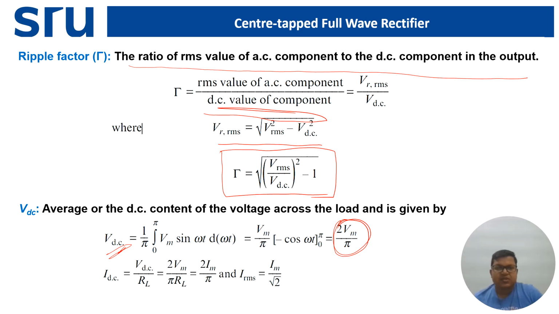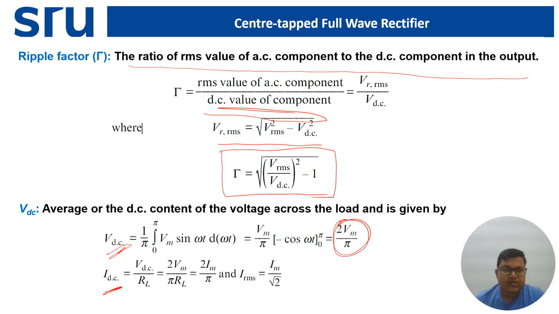Once we find VDC, we can easily find IDC as well, because IDC is equal to VDC divided by RL, the load resistor. If we put in the value of VDC, twice Vm by pi, and the RL value, it becomes twice Im by pi, because Im is equal to Vm by RL.